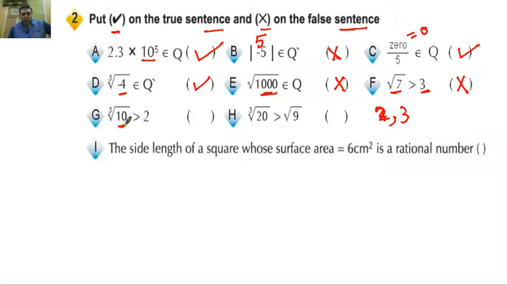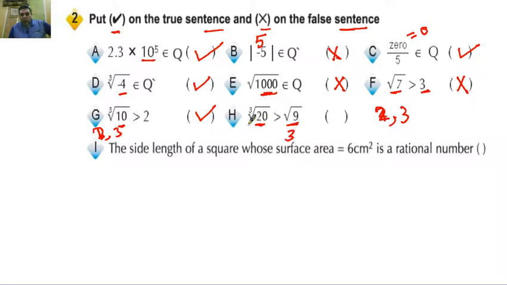Cube root of 10. Cube root of 10 is between two numbers, between 2 and 3. So cube root of 10 is greater than 2. Cube root of 20 and square root of 9. Square root of 9 equals 3.